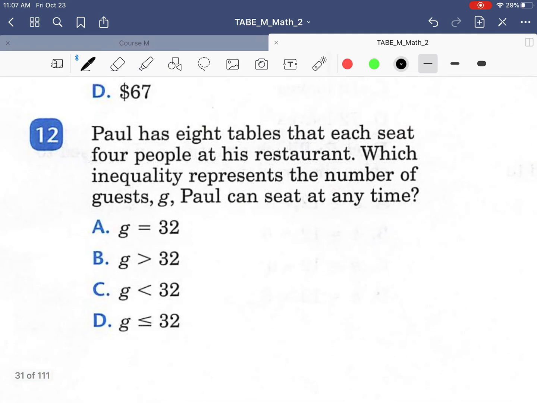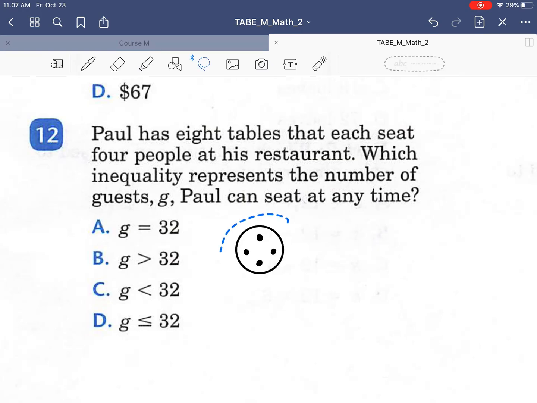Paul has 8 tables that each seat 4 people at his restaurant. Which inequality represents the number of guests, G, Paul can seat at any time? I'm going to draw this one for you. Here's a table that can seat 4 people.